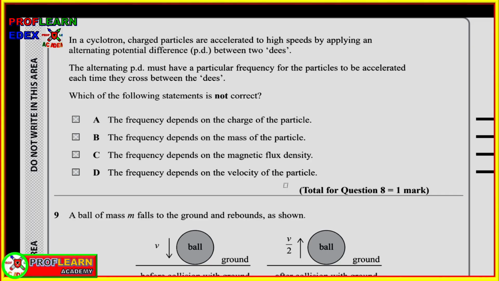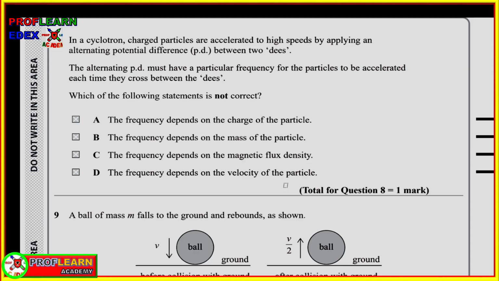Now for question number 8, let's read the first statement. The first statement says that frequency depends on the charge of the particle. Statement 2 says the frequency depends on the mass of the particle.